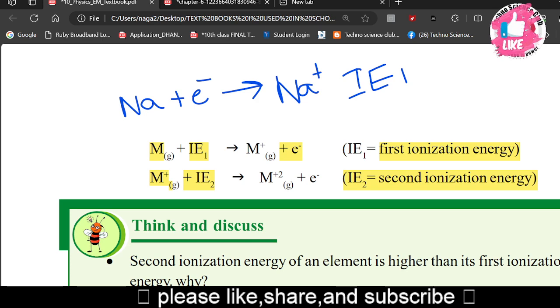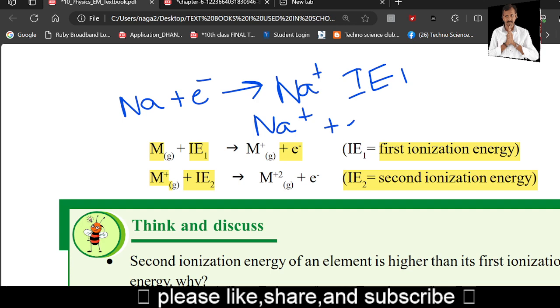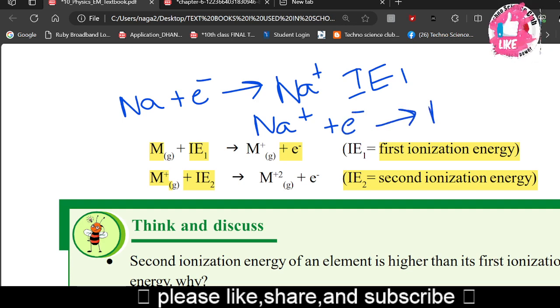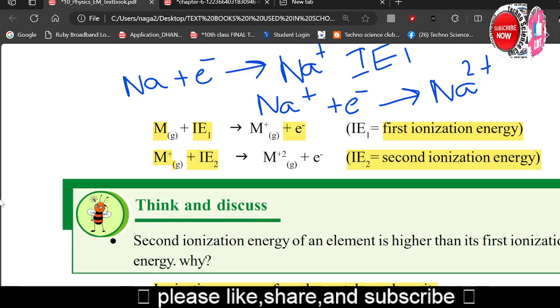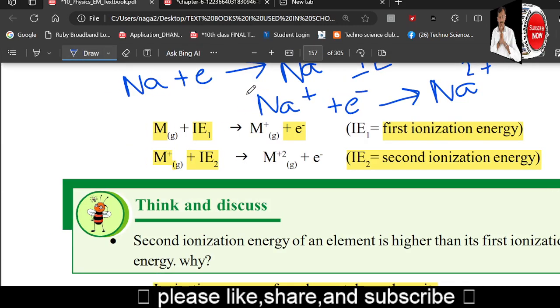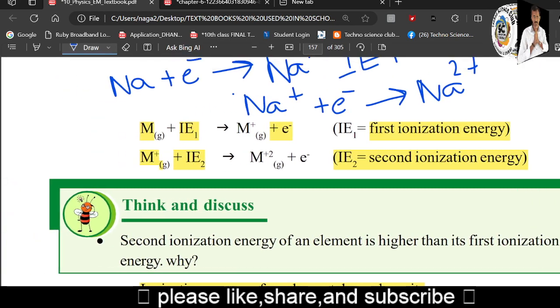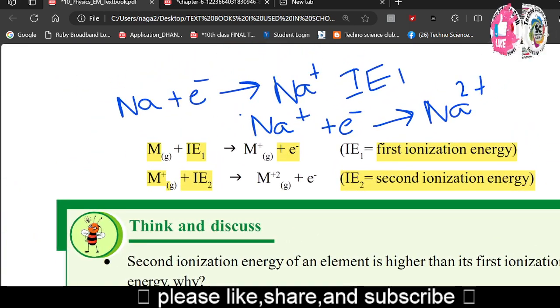And from this Na+ unipositive ion, if another electron is also removed, it becomes Na2+. This Na+ ion is not willing to lose a second electron. Why? Because sodium wants to get stability like neon, with 10 electrons.